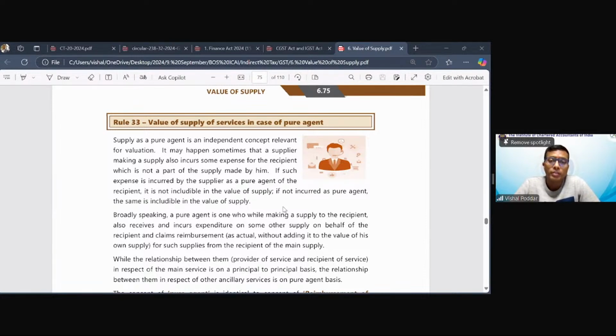That is, this 10,000 is not my expense. It was originally your expense. You were obligated to pay this 10,000. You requested me on your specific instruction. I paid this 10,000 and now I'm recovering that 10,000 without adding any of my profit in that 10,000.